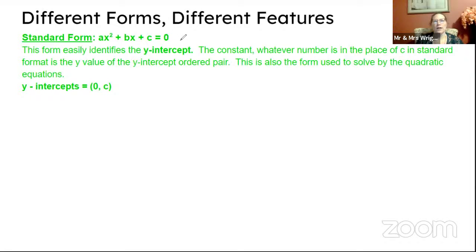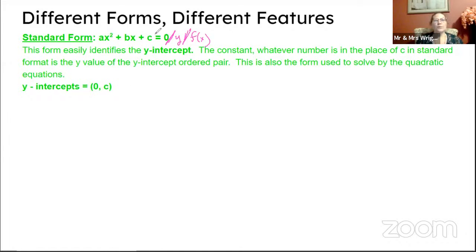Or you could say y, or you could say f of x. Remember, f of x is the function form, y is the equation form, and 0 is when you're trying to solve for it. So it can be set to any of those, or you could just not have this side and just have an expression, ax squared plus bx plus c.